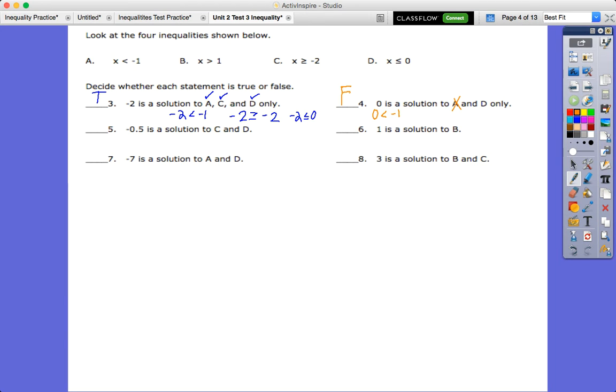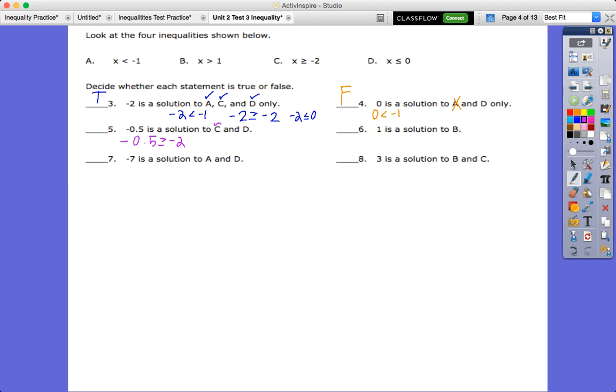Number 5 said negative 0.5 is a solution to C and D. So let's look at C. Negative 0.5 is greater than or equal to negative 2. That is true.